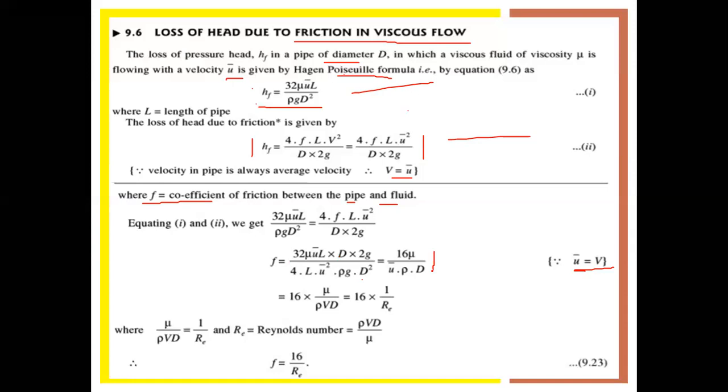Therefore f is equal to 16 mu by rho V d, and rho V d by mu is nothing but the Reynolds number. Therefore, the coefficient of friction f is equal to 16 by Re. That is the thing you have to find.